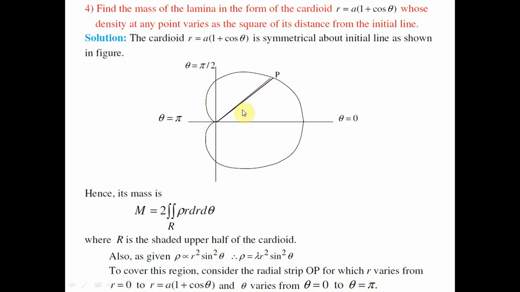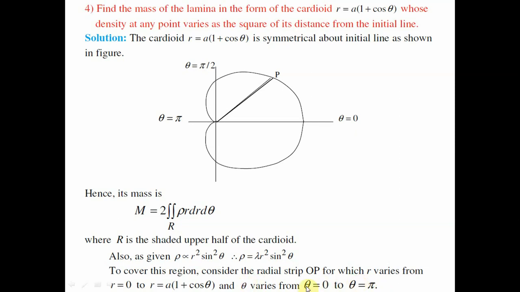To cover this whole upper half we will need to rotate this strip in anti-clockwise direction. As our region starts from initial line, the rotation starts from theta equal to 0, and this region will get complete at theta is equal to pi. So the upper limit for theta is pi. So limits for both r and theta are known. r varies from 0 to a into (1 plus cos theta), and theta varies from 0 to pi.